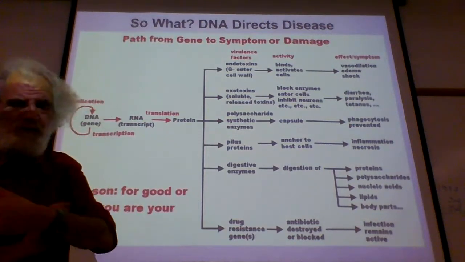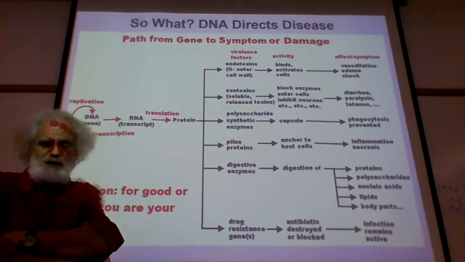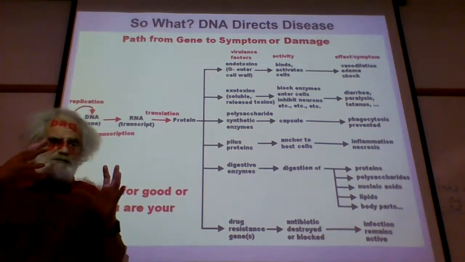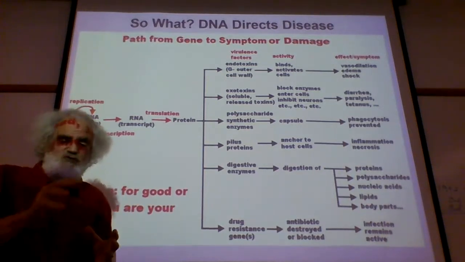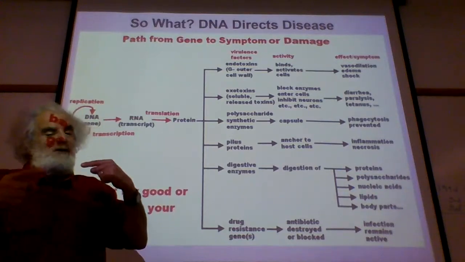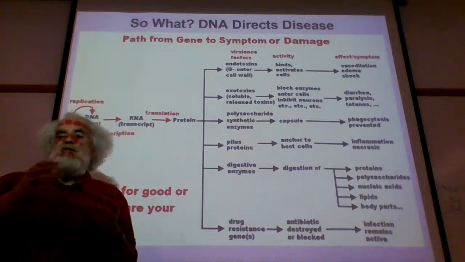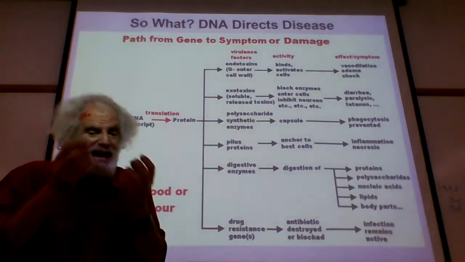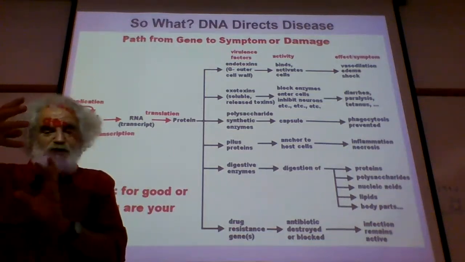And hopefully you remember back in the early weeks, I was jumping up and down about the structure of a protein being critical to its function. And that structure is based on the amino acid sequence. The amino acid sequence is based on the nucleotide sequence. And the nucleotide sequence can be subtly altered to change different structures in the protein.